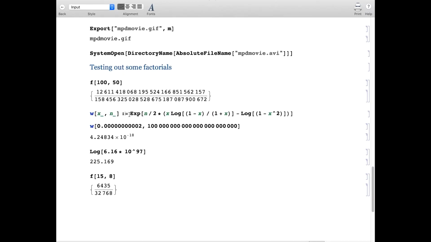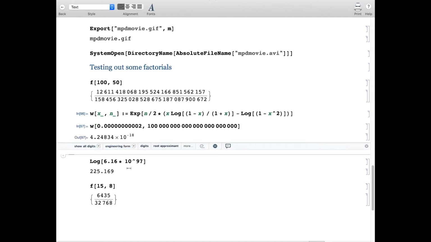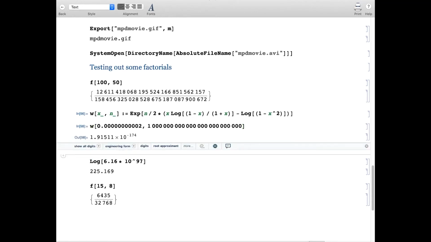For example, if this is my function, I can use this and get the same number. Now, this is 10 to the power 23, if I use one more 0, let us see how much I get. As you can see I am getting 10 to the power minus 174.